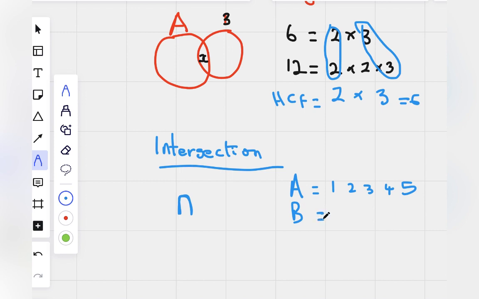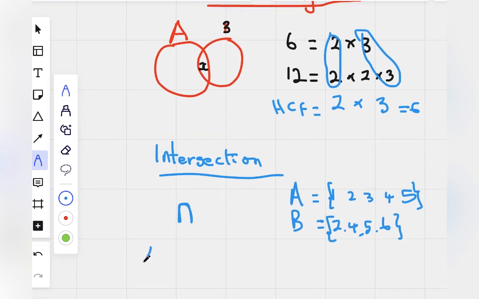So if this is set B, we can begin to find the interset. The interset is what is common. We always use square brackets to close a set. So the interset is A.